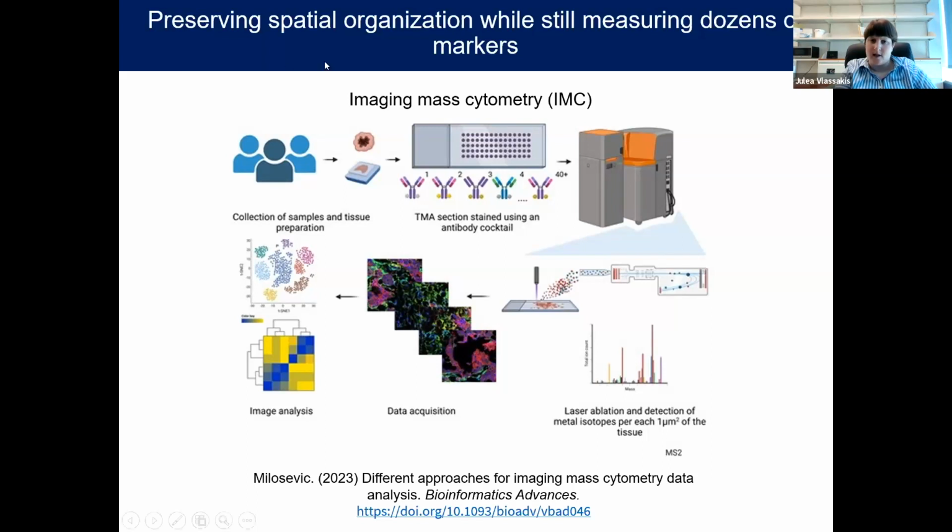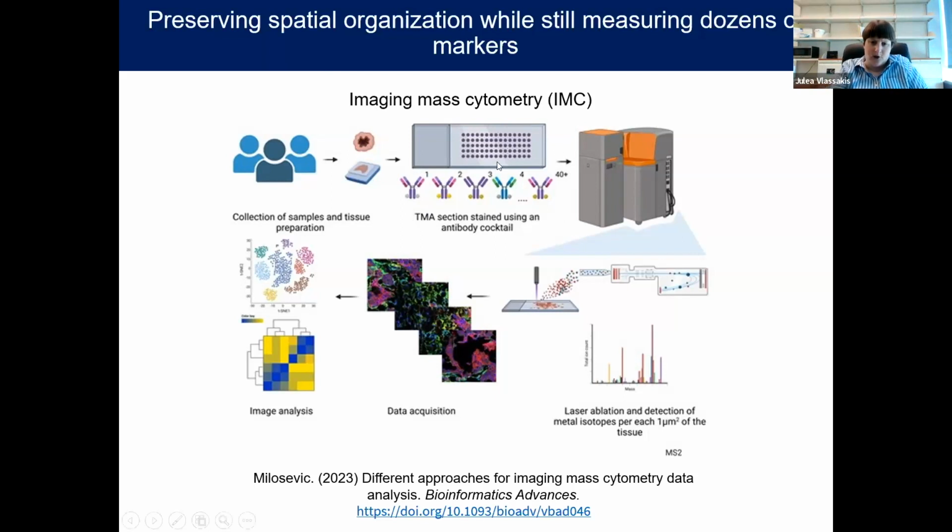For imaging mass cytometry, you use the principle of mass cytometry. So again, these are antibodies labeled with metal isotopes. And so in this case, starting out with your fixed tissue sample, you stain with these antibodies against each of the unique protein targets, generally somewhere around 40 plus protein targets.